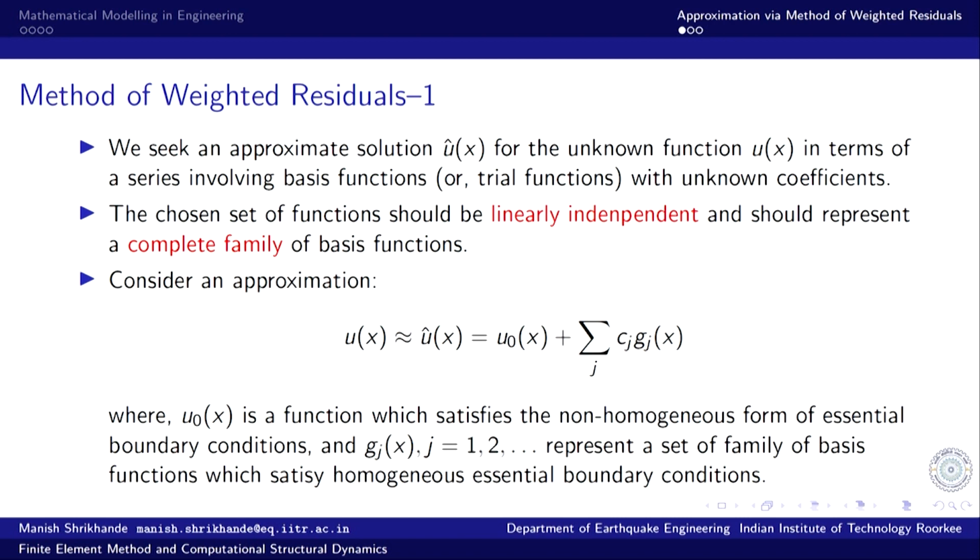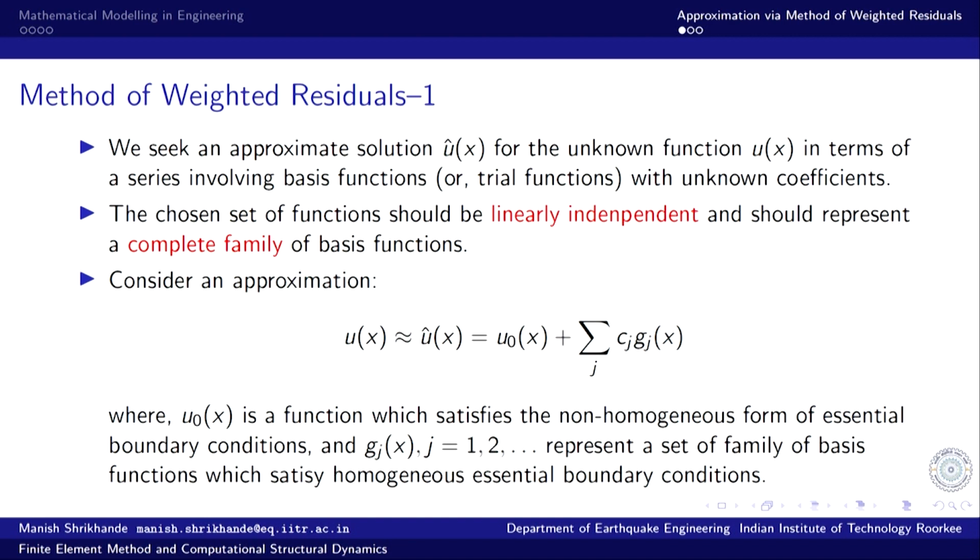The very fact that we are admitting the possibility that we are not looking for an exact solution, we will be satisfied with an approximate solution as long as the approximation is good enough. So, the moment I say approximate solution, the inherent implication is there are errors in satisfying the governing differential equation and the boundary conditions possibly.